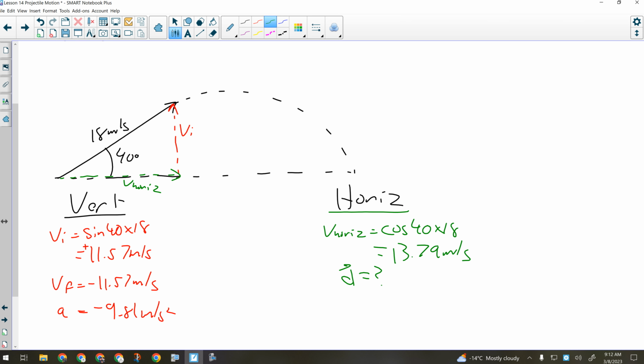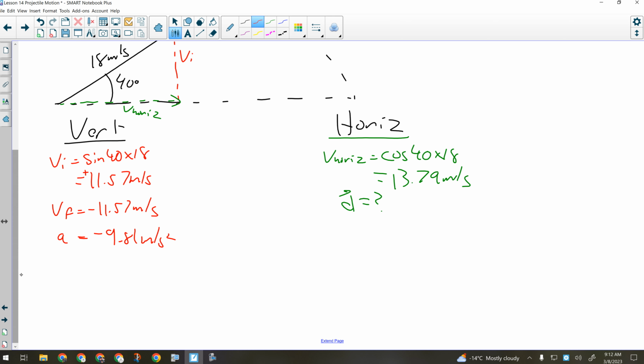What do I need? Time, as I always do. Okay, so I've got to find the time using my vertical information. All right, I can go like this and say A equals VF minus VI over T and just manipulate that for T. So that'll be negative 11.57 minus 11.57 divided by negative 9.81.